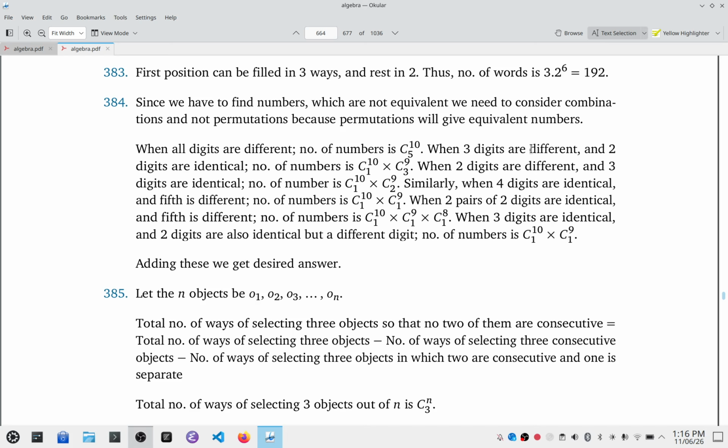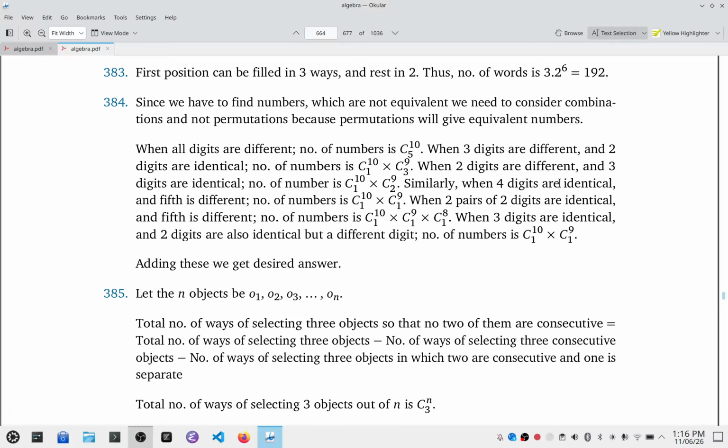When 3 digits are different and 2 digits are identical, the number of numbers is 10C1 multiplied by 9C3. When 2 digits are different and 3 digits are identical, the number of numbers is 10C1 multiplied by 9C2. Okay, yes, three digits are identical, two are different.